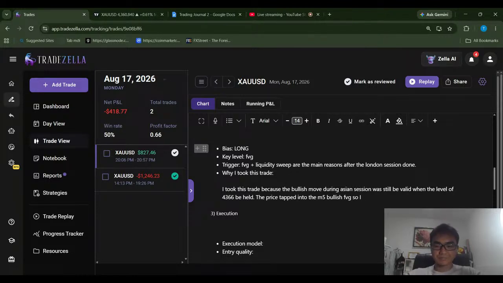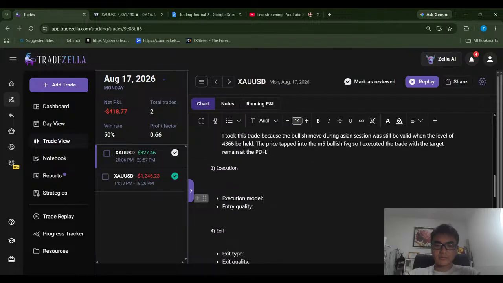So I executed the trade with the target remaining as the PD high. The execution model is just the V-shape with the price action.